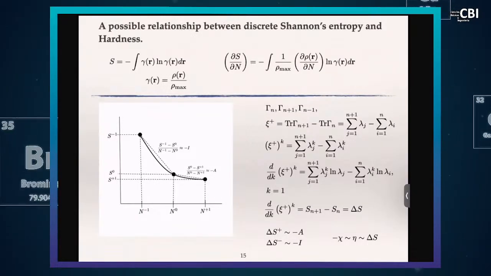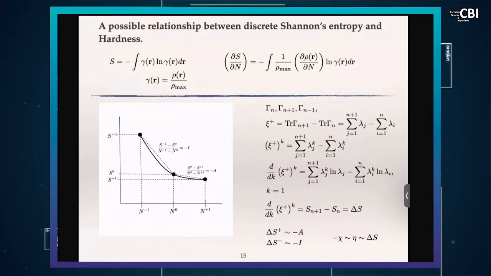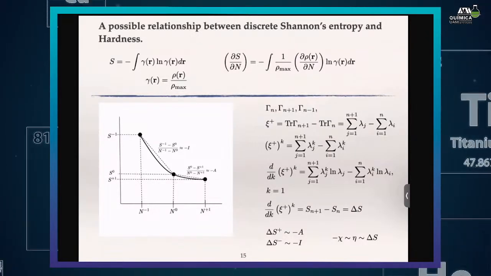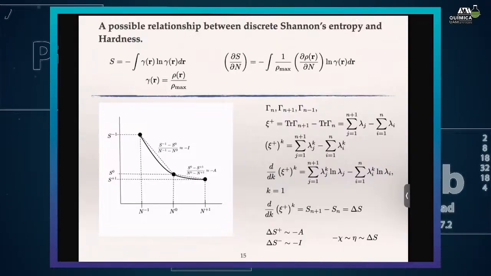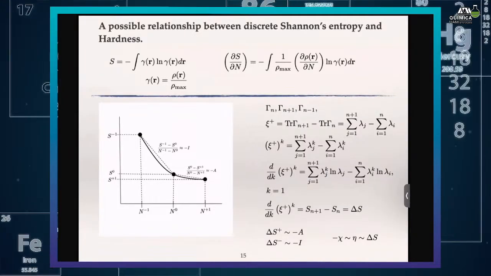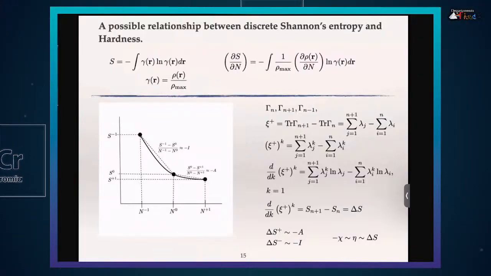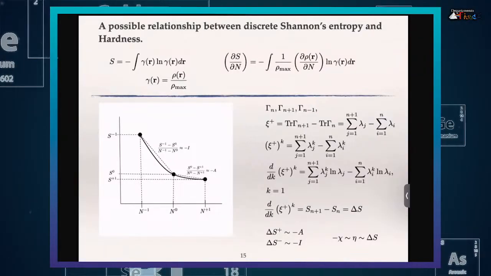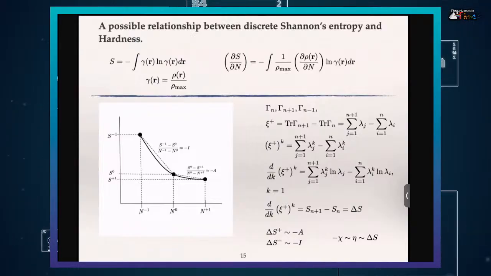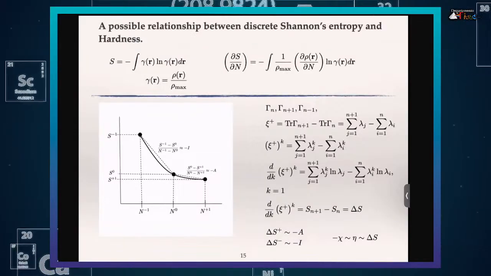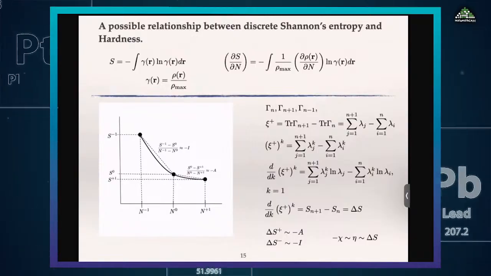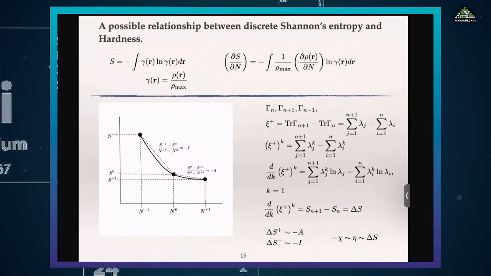For example, if we take the first derivative of the Shannon entropy with respect to the electron number, in this part of the integral we recognize the Fukui function. So this is in respect to the continuous Shannon entropy.